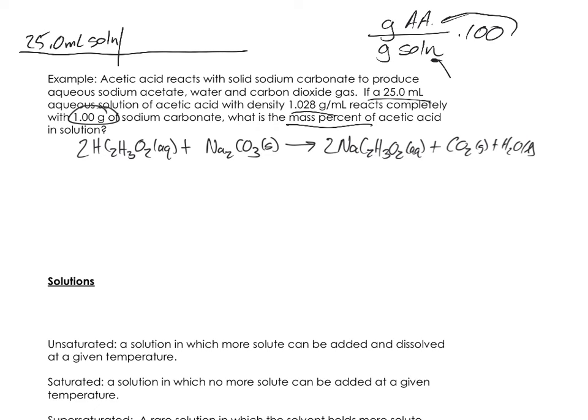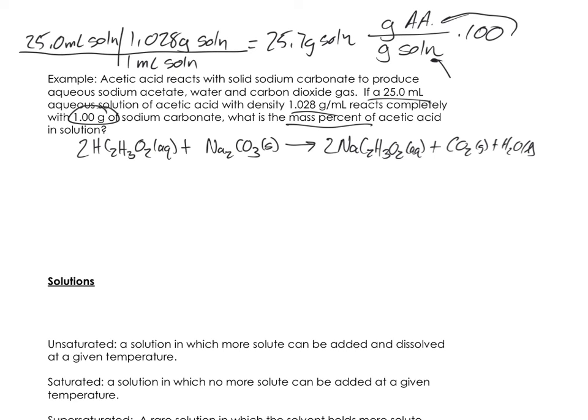And then for every 1 milliliter solution, I have 1.028 grams of solution. So I multiply across the top, divide by the bottom, and I end up getting 25.7 grams of solution.